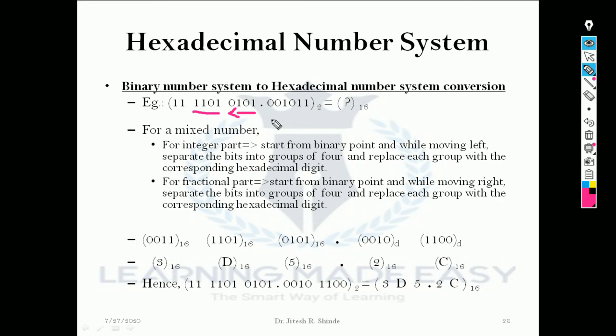Thus for the fractional part, moving this way, the first group will be 0010, after that it will be followed by 1100.